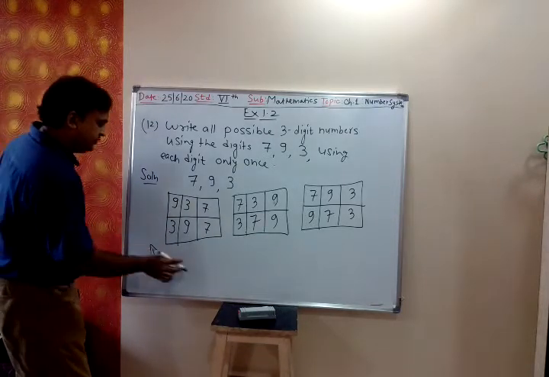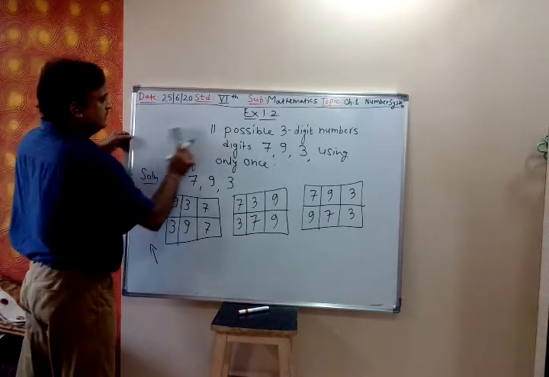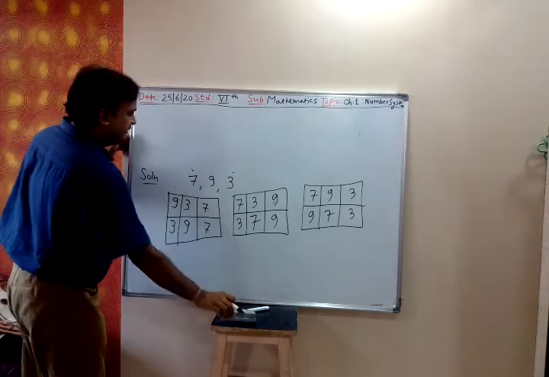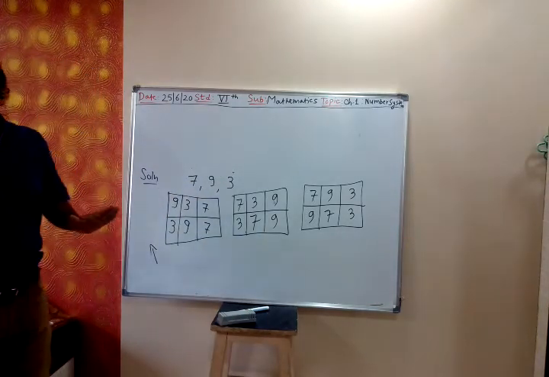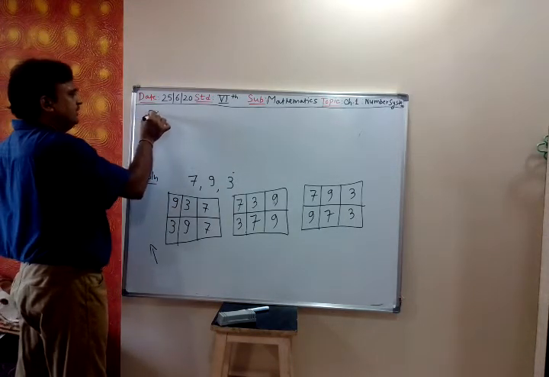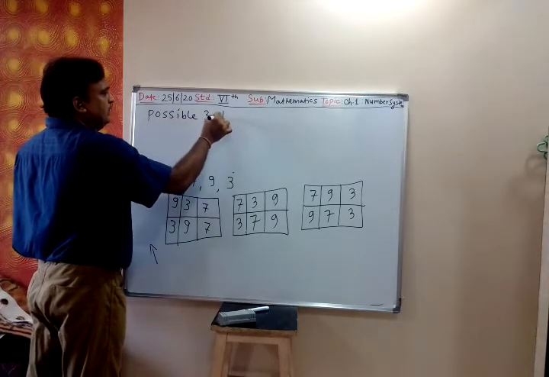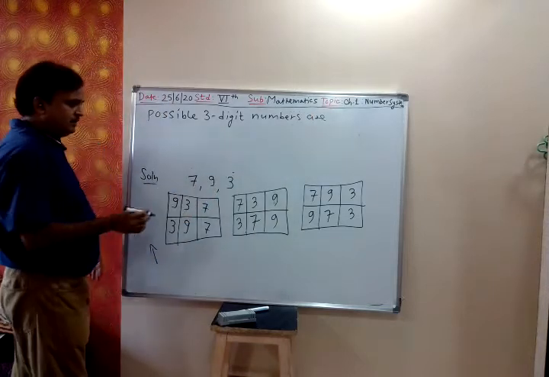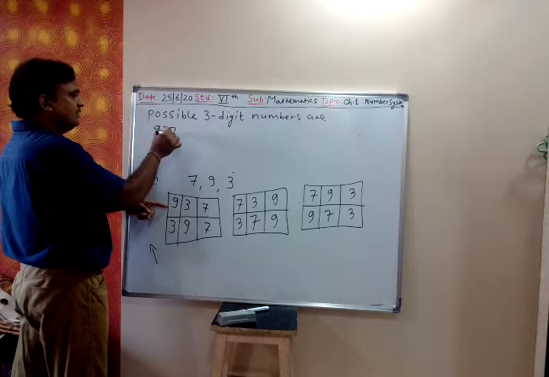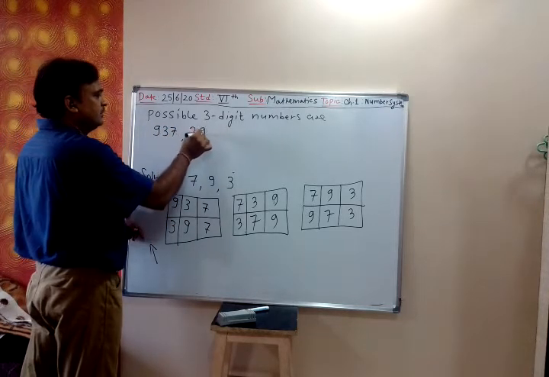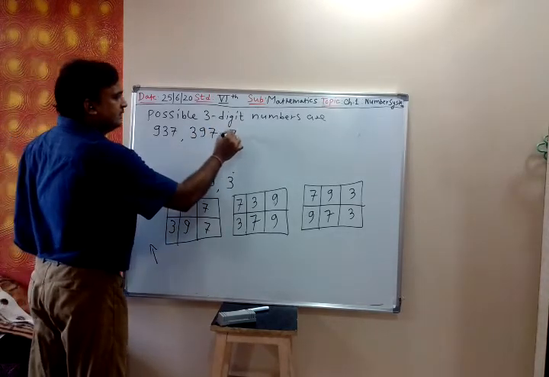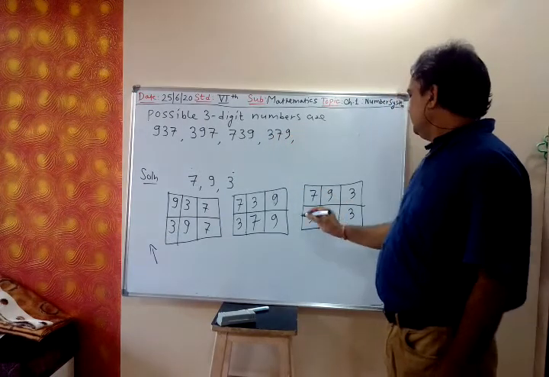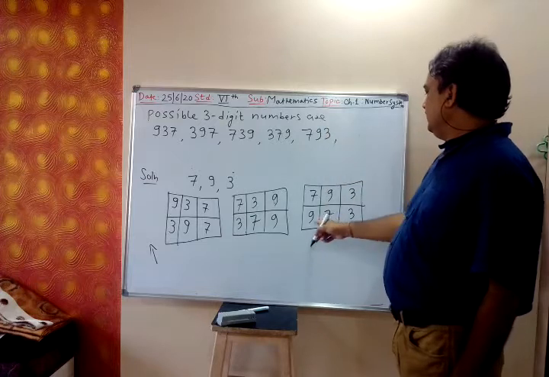So let me write up. Possible 3-digit numbers are: 937, then 397, then 739, then 379, then 793, then 973.